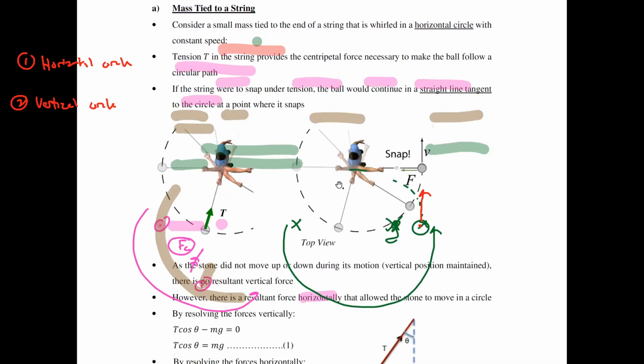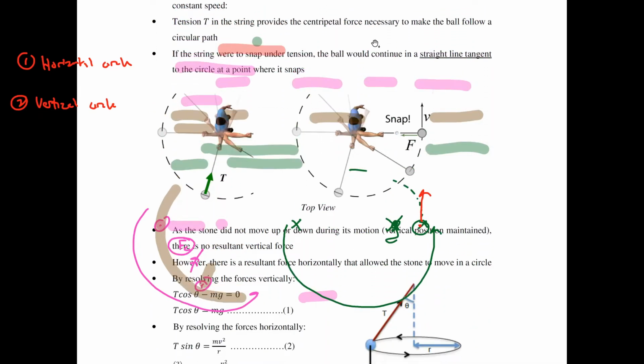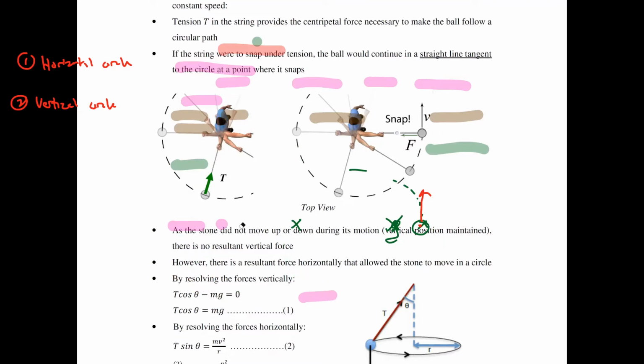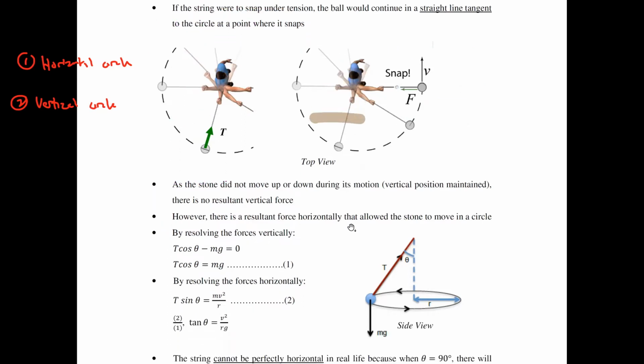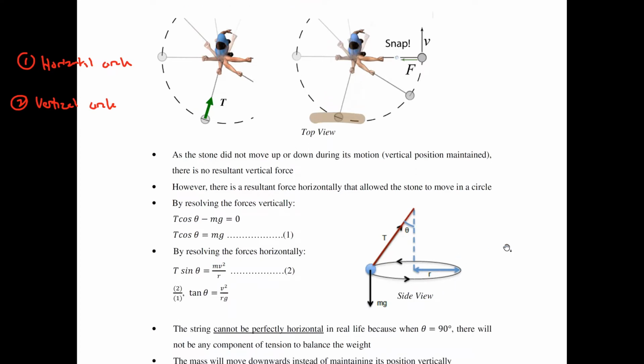Now if you want to analyze the motion of this object moving in a circle, looking at it from the top view won't really give us much information. It will be much more useful to look at it from the side.